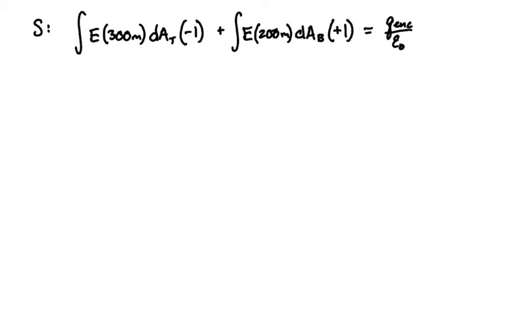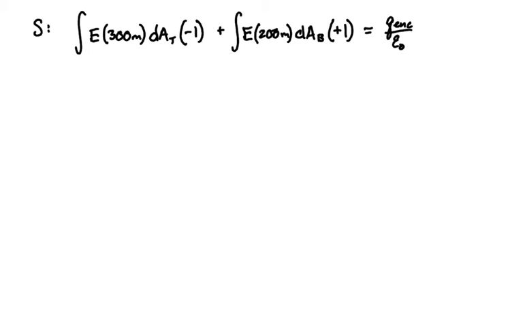This is what we're looking for. So we just need to finish out these integrals and go from there. All right, so I want you all to do these integrals on your own. Better yet, I will do the first one with you, and the next one you can do on your own.